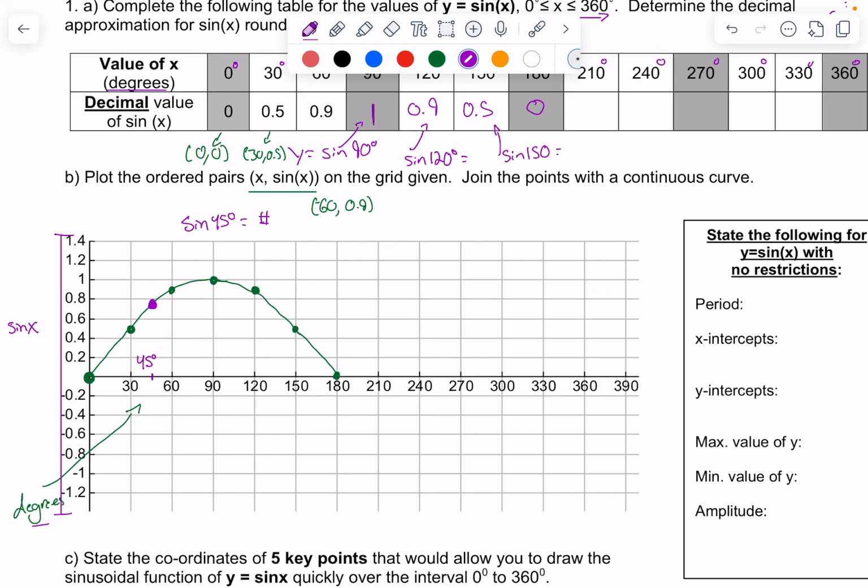Well, you have a graph right now that says the value I'm choosing, 45, and the y-axis are all your outputs. So if I just went right across, I would see that's a value of maybe 0.7. So sine of 45 is 0.7. That is the ratio that you are getting when you take the sine of 45.